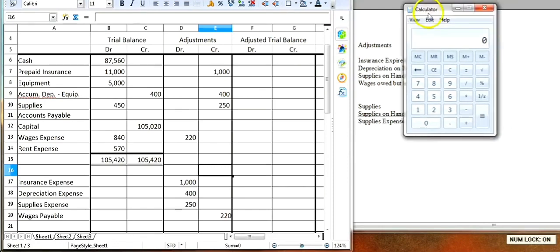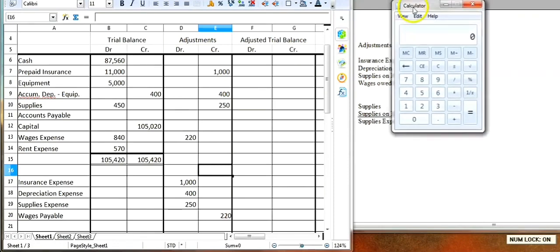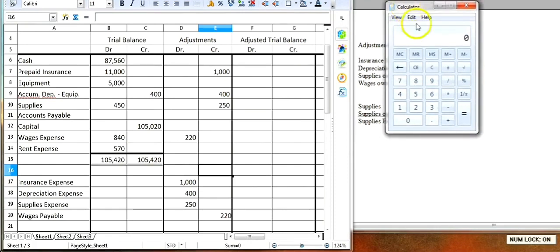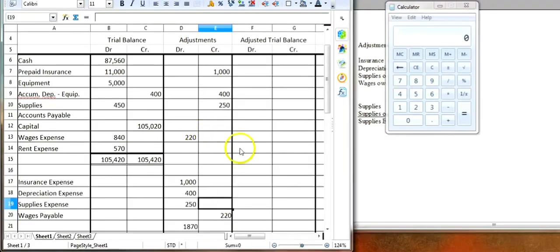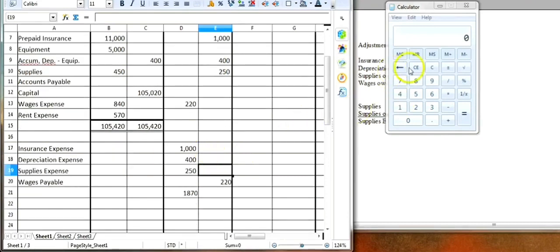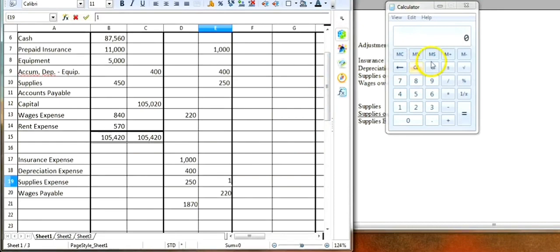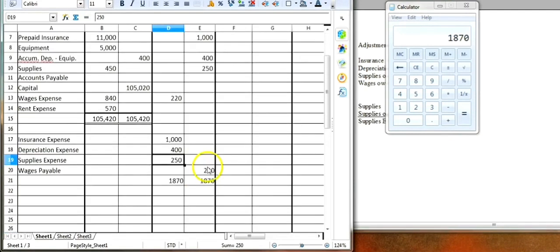I'm just going to add this up on the debit side, just to make sure, and for the purpose of this exercise I'm going to add them up on the other side as well. 1,000 plus $400, plus 250 plus $220 is 1870. There it is, the same amount, 1870.